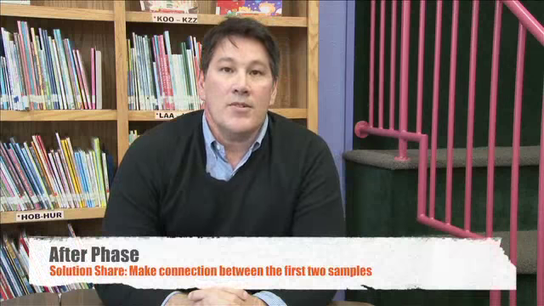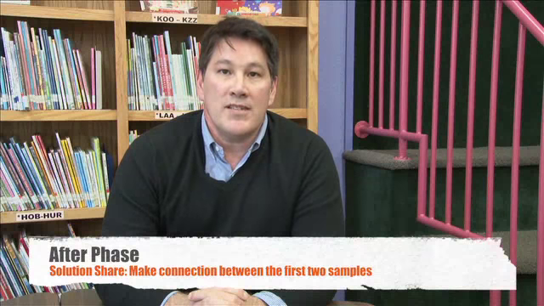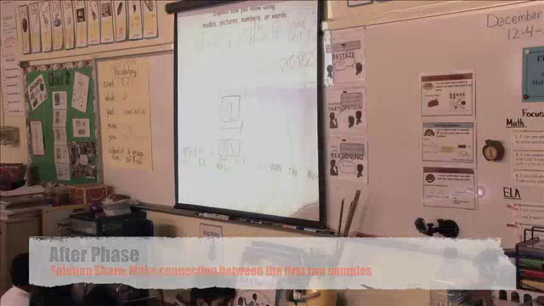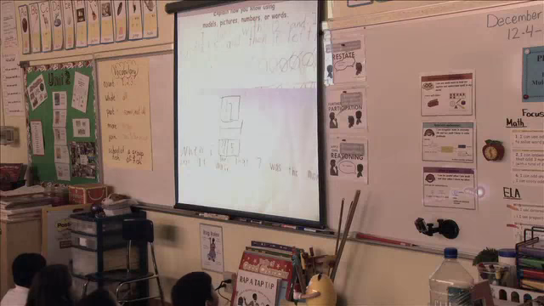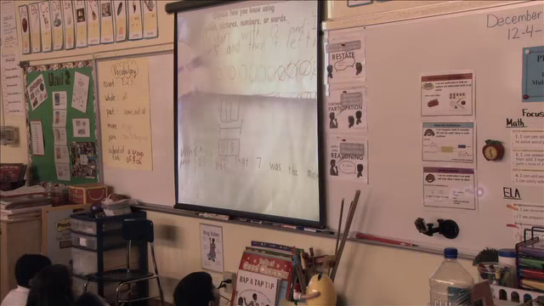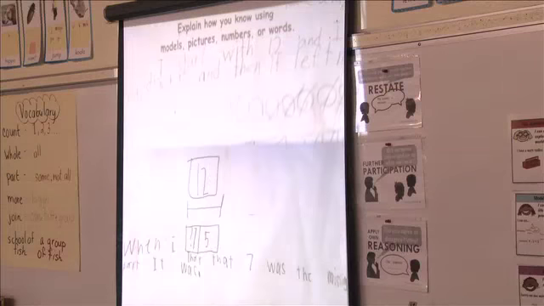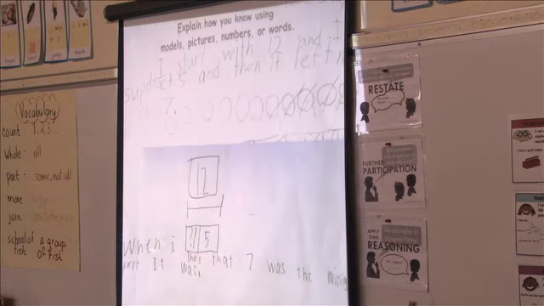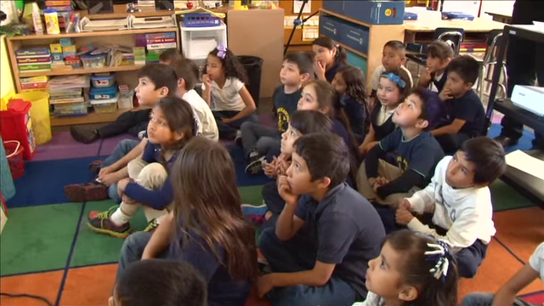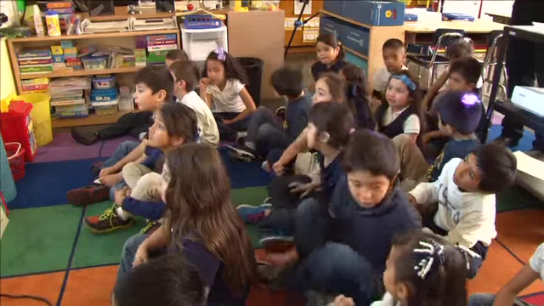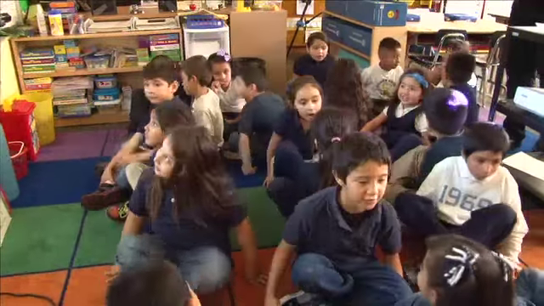I allowed students time to compare Gael's visual representation with Jimena's solution path. You have two different strategies. You have Jimena's strategy, and then you have Gael's strategy. I want you to think about what's the same or similar about the way they solve the problem, and what is different. When you're ready, please turn to your partner and talk about, compare and contrast their strategies.